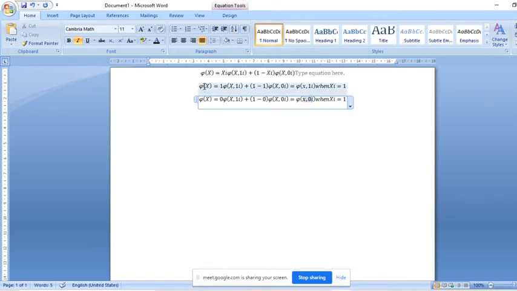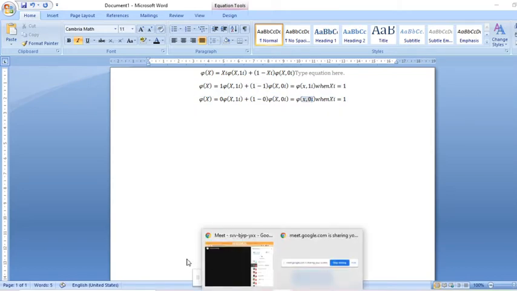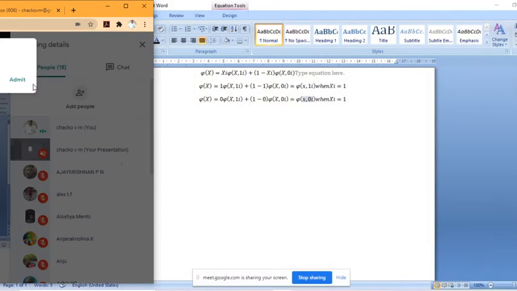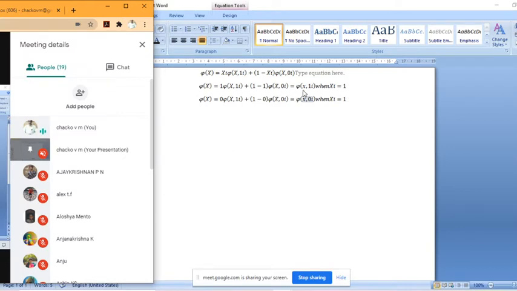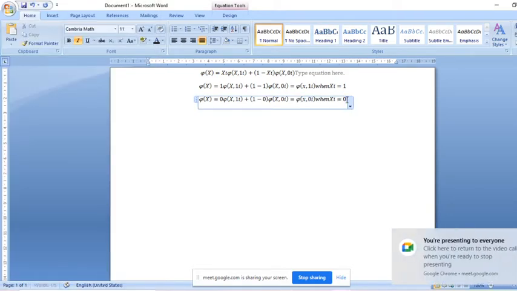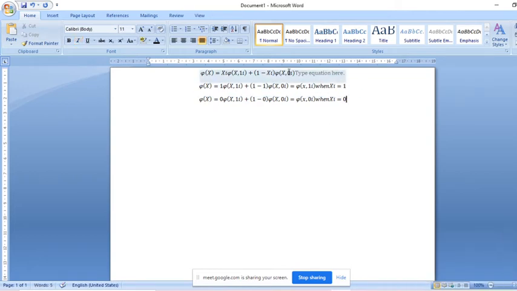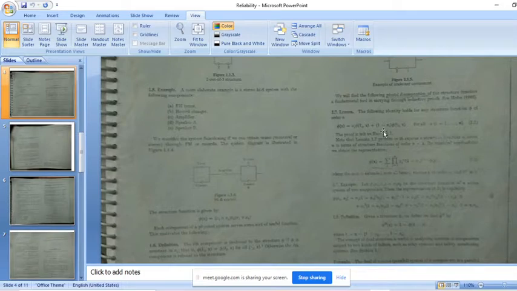So we can write phi of x equal to phi of x comma 1i if xi equal to 1, and phi of x comma 0i when xi equal to 0. So equation 2 and equation 3 are simultaneously represented here. Otherwise we get equation 2 and equation 3 from 1. So this is a general representation of equation 2 and equation 3, and that is proved here as a lemma.